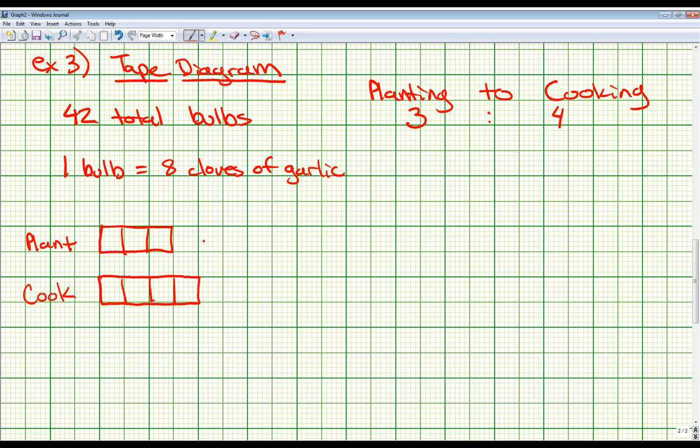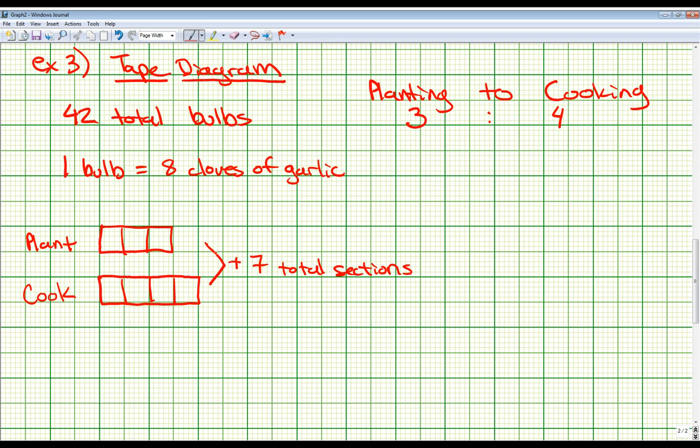So just like our last one, the first step is to take our tape diagrams and add up how many total sections we have. So we have 3 sections up here and 4 sections up here for a total, if we added, of 7 total sections on our tape diagram.